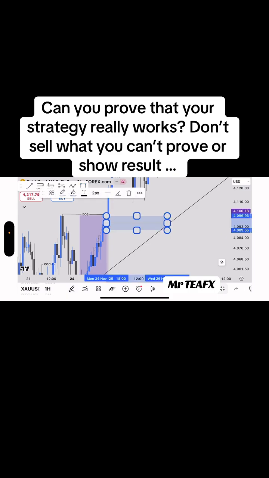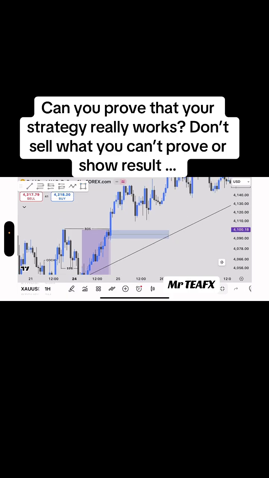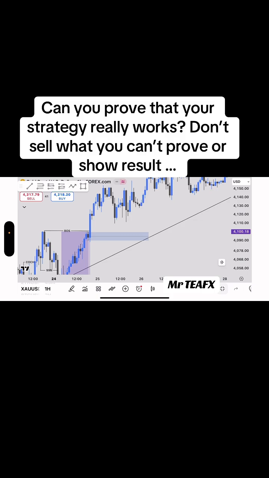This was the last candle that printed, which makes this order block very valid, because look, there is liquidity resting here for the market to come and take out, and buy. And then here we also have our fair value gap.